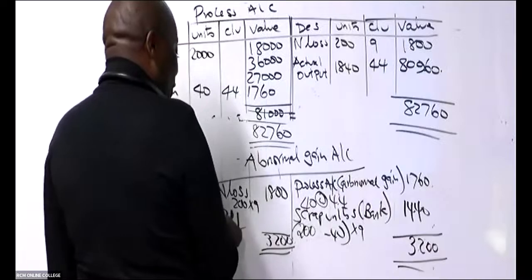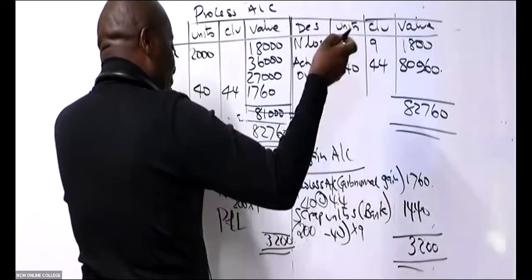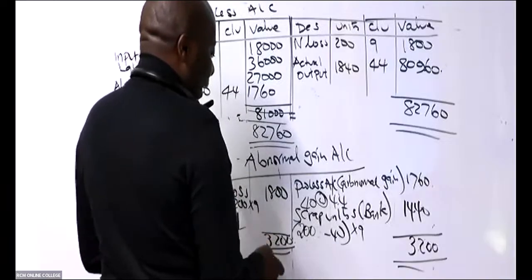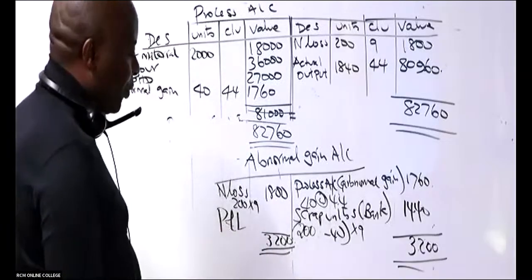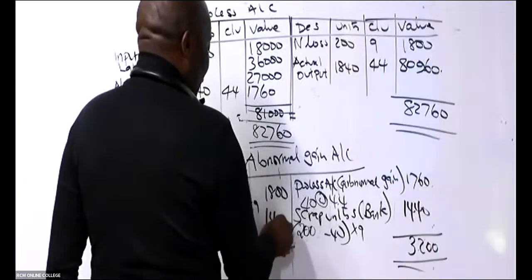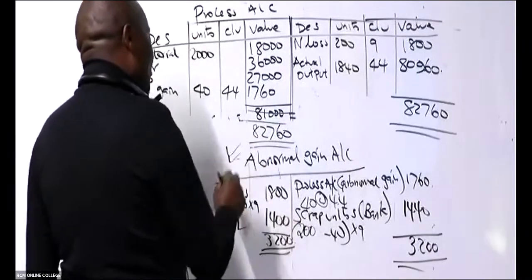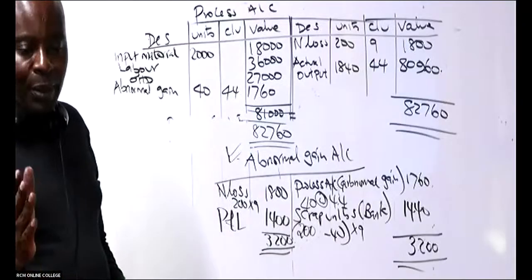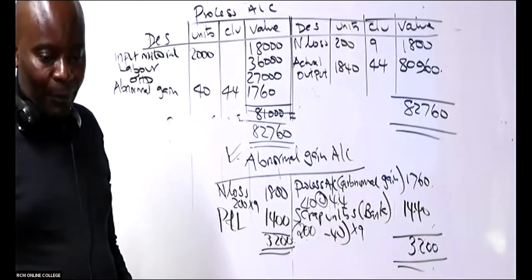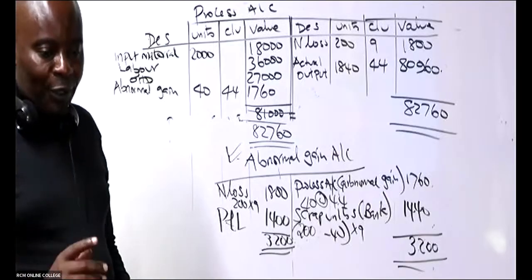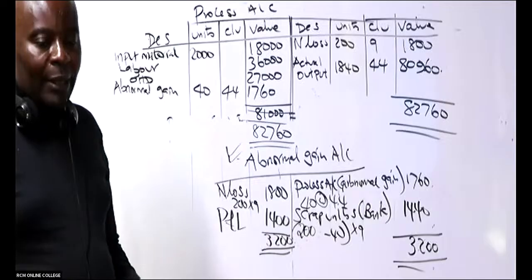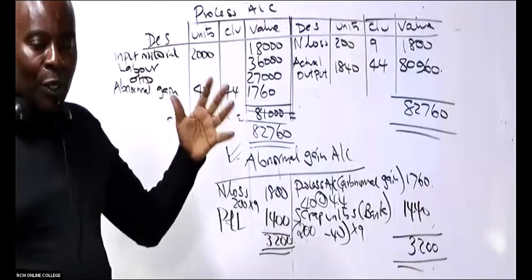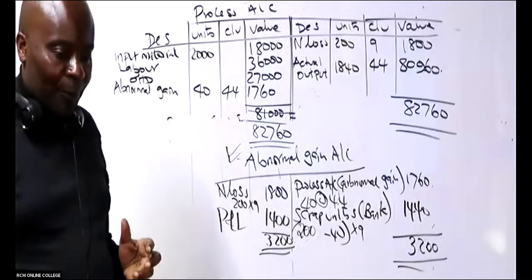So the balancing figure, going to the credit side of the P&L, remember it's debited, will be 3200 minus 1800, which is 1400. So the P&L, you take 1400. I'm 100% sure this at times confuses, but the moment I do another question, you will be comfortable. The most important thing for now is you appreciating how we do the process account.